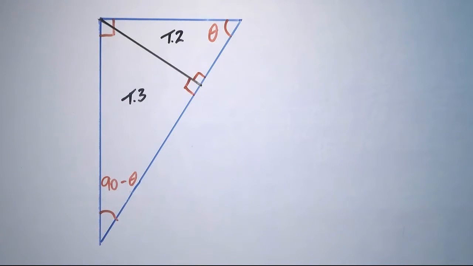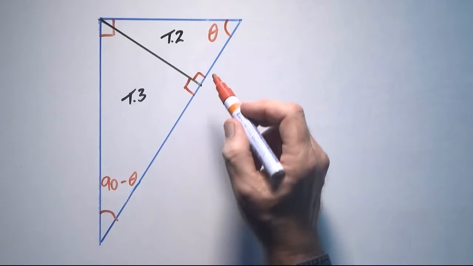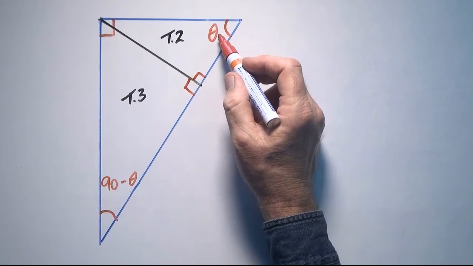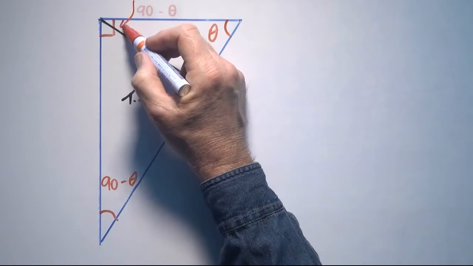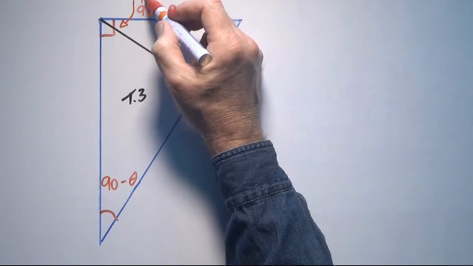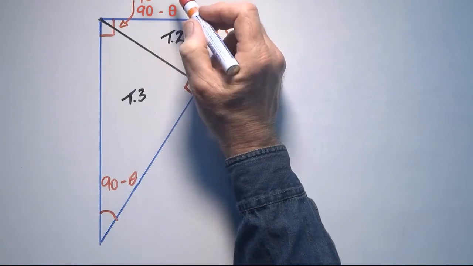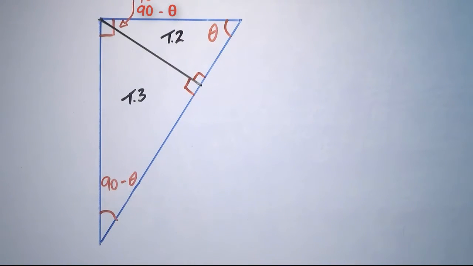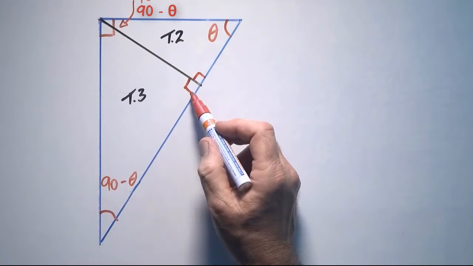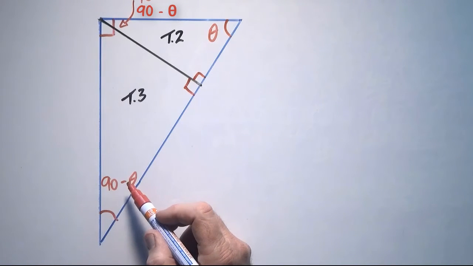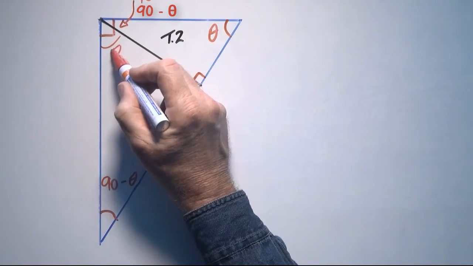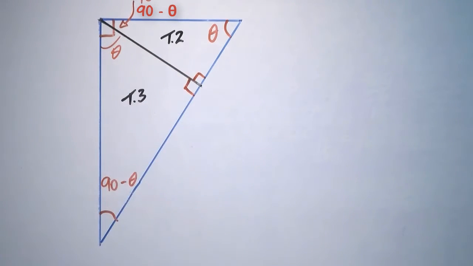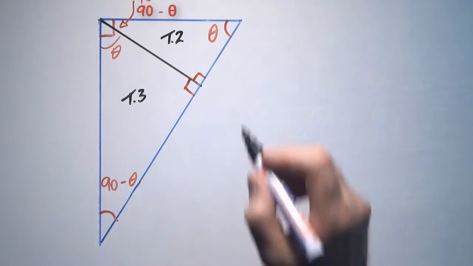Now triangle 2 will have angles of 90 degrees, theta, and then because of the angle sum of a triangle, this will be 90 minus theta. Triangle 3 will have angles of 90 degrees, 90 minus theta, and this must be theta. Now I wish to summarize.